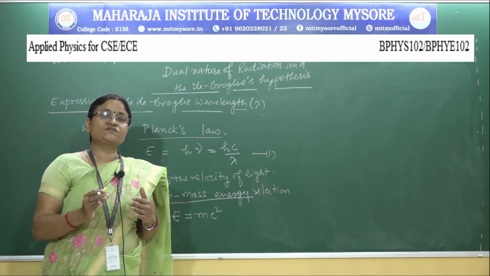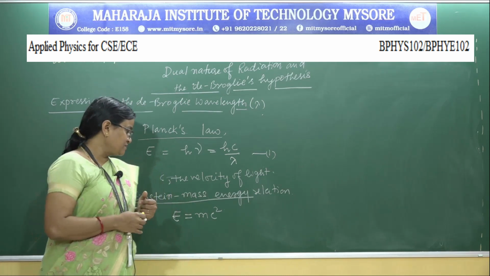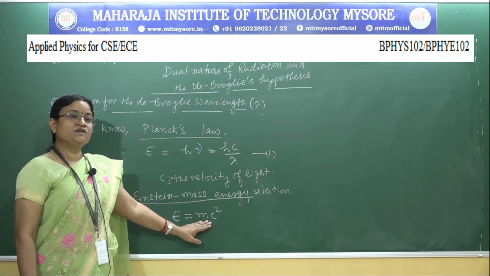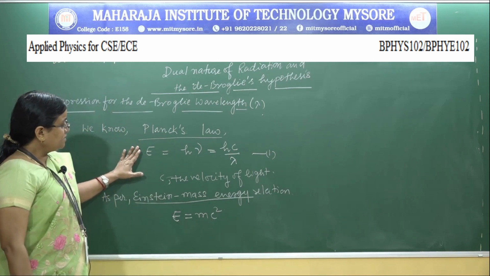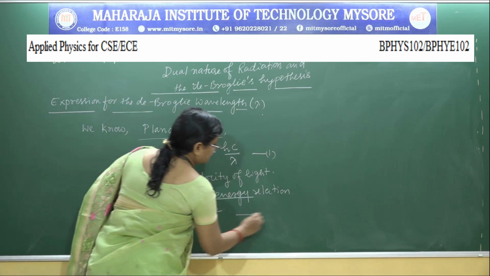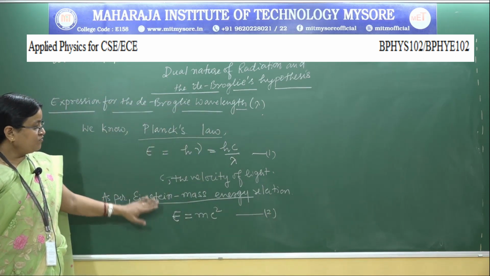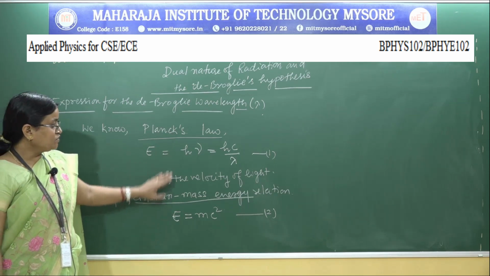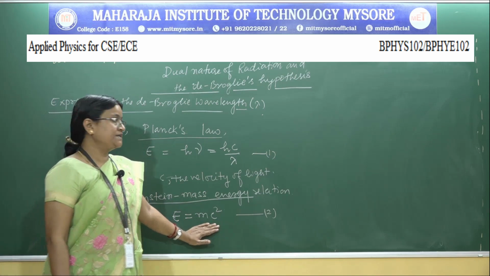The denominator term, we take the square root of that. So, E is equal to mc square. So, what we see is that equations 1 and 2 give the energy of a particle. So, we can equate the terms on the right hand side.